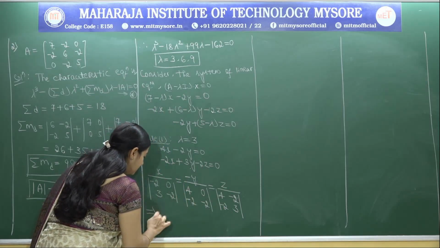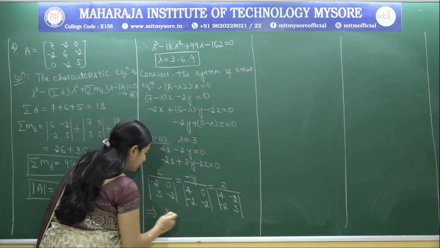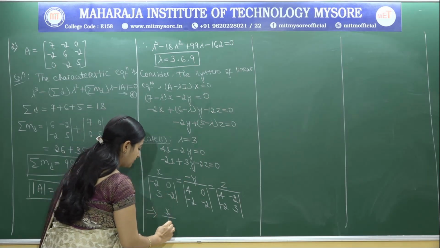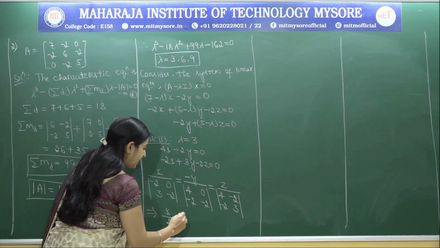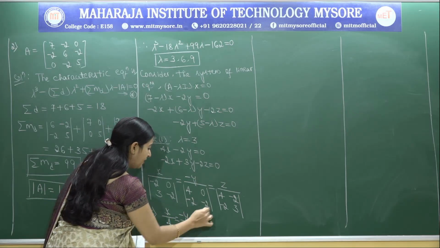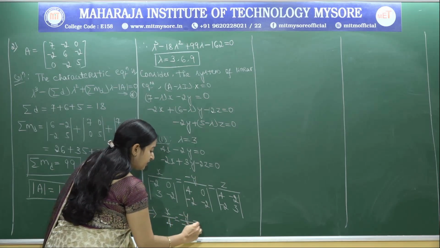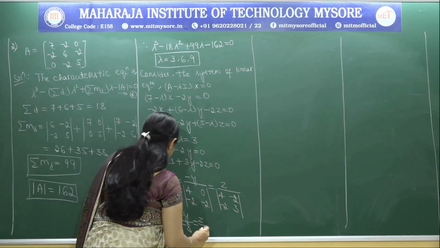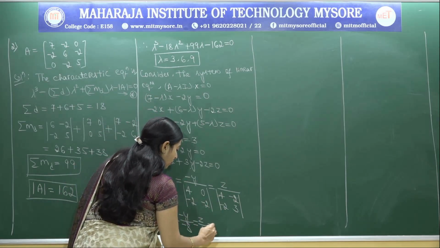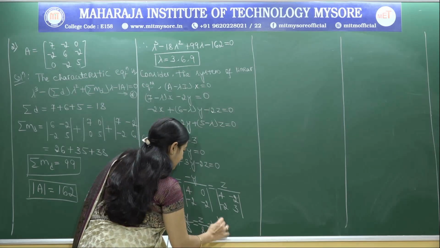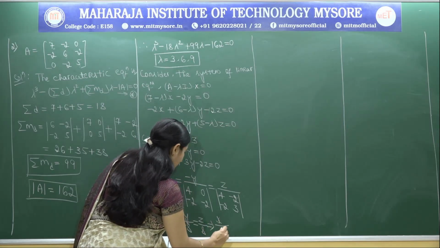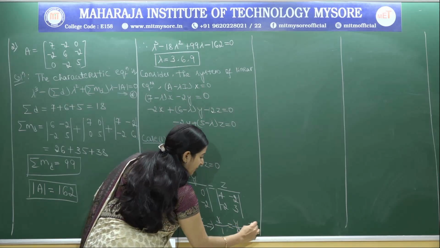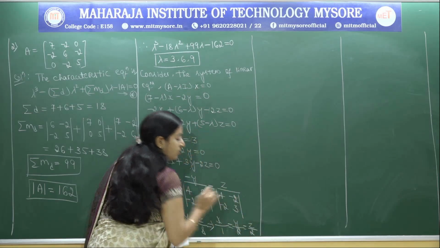So on solving this, you will get the first one, x divided by, minus into minus you will get the plus, so you will get 4. The second term, minus y divided by minus 8. Third one, z divided by 12 minus 4, you will get it as 8. On simplifying, you will get x divided by 1, y divided by 2 and z divided by 2.